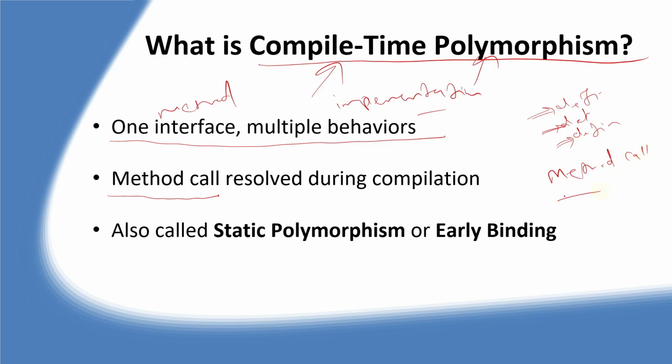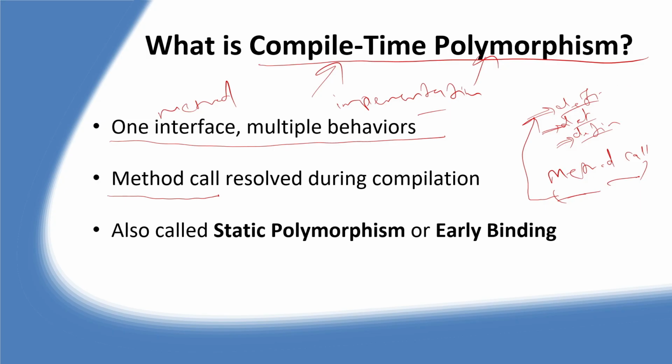So we'll be having one method call. So method call means what? Linking method call means which definition it will call. So based on the parameter, based on the method name, so based on these things, that particular method will get called.